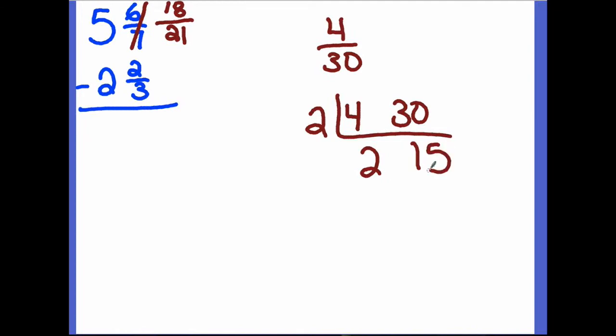Is there anything that goes into both 2 and 15 besides 1? How do we know 2 doesn't go into 15? Because the 15 is an odd number. There you go. 15 is an odd number. So is it possible to have a big old candy bar that has 15 sections and only 2 left?